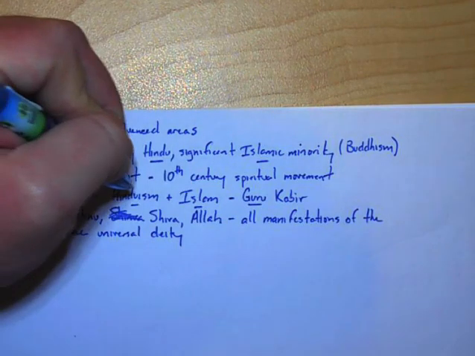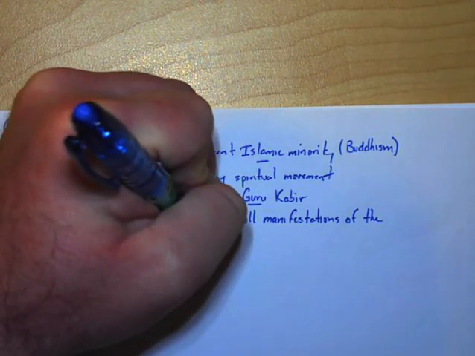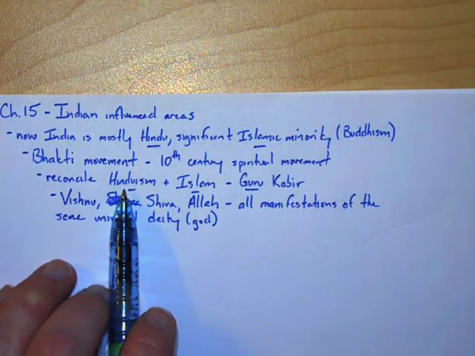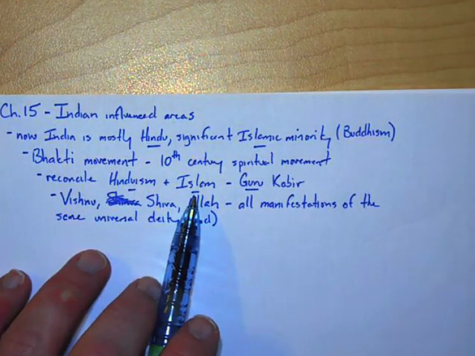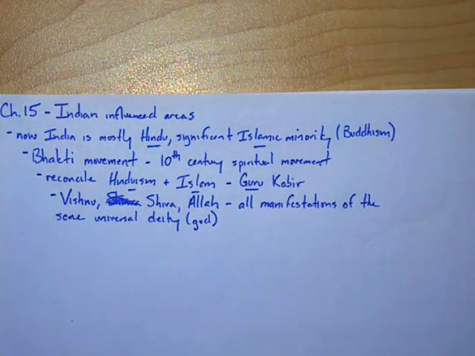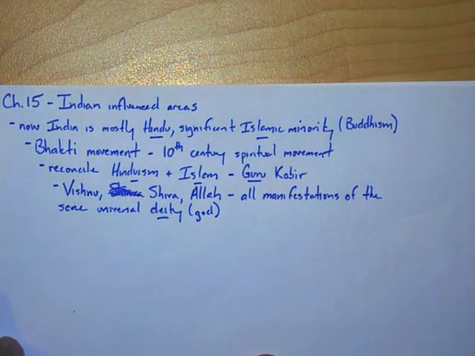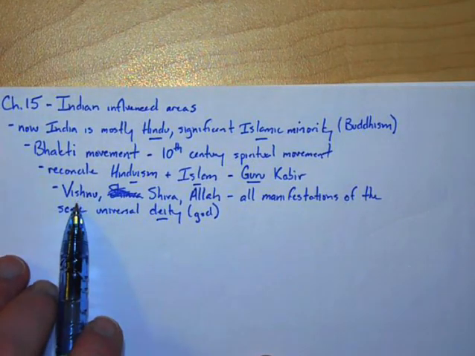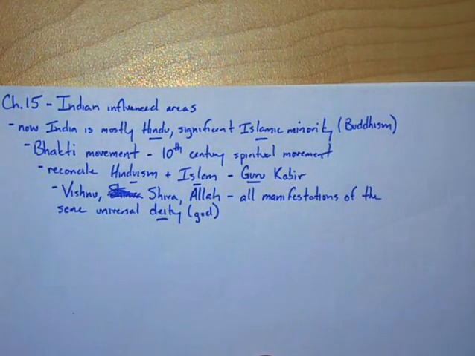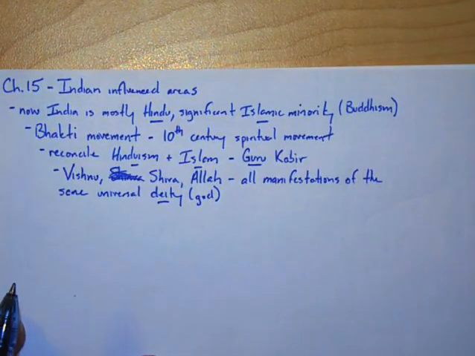So a deity is just another word for a god. So even though Hinduism is polytheistic and Islam is monotheistic, the general idea of worshiping a god is common to both. And whether or not you like Vishnu or Shiva or Allah, you're all basically worshiping the same idea. And the differences between the religions aren't that big.